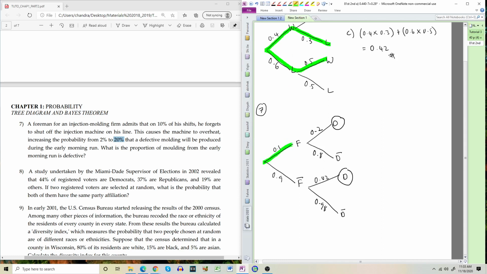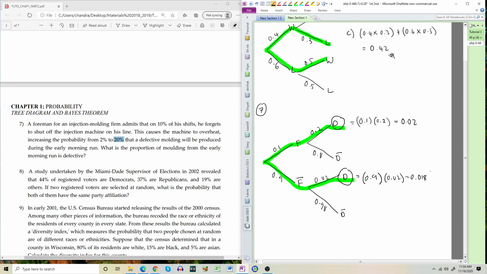Start from this branch. How much is this?